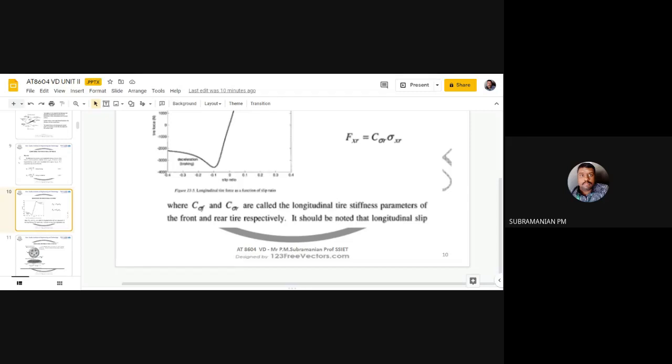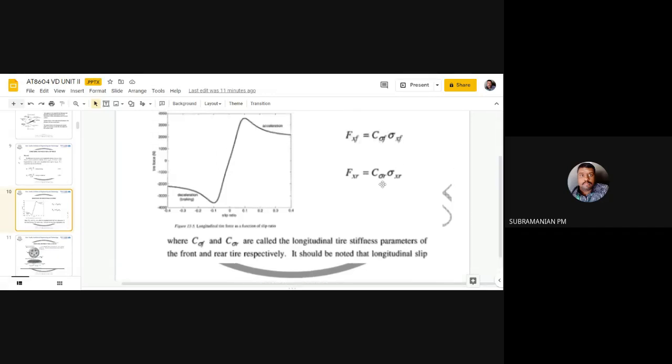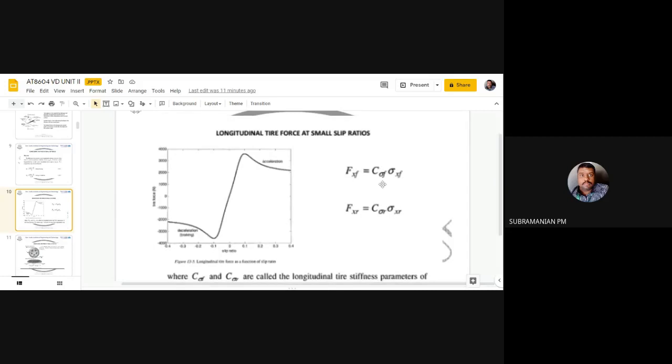C stands for longitudinal tire stiffness for the front and rear tire. That is similar to our spring: when we divide the force by the deflection, we get the stiffness. Similar to that, we have this expression.